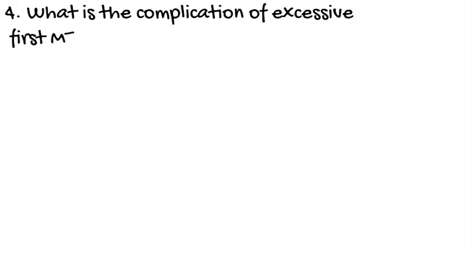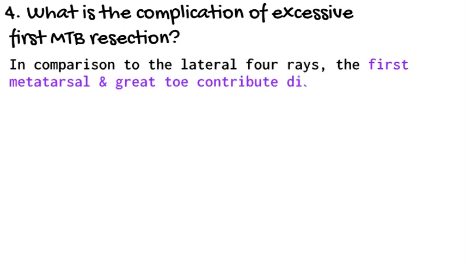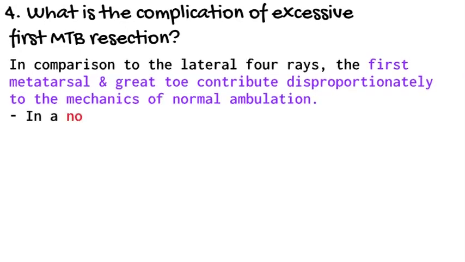Number 4. What is the complication of excessive first metatarsal bone resection? In comparison to the lateral foot rays, the first metatarsal and great toe contribute disproportionately to the mechanics of normal ambulation.